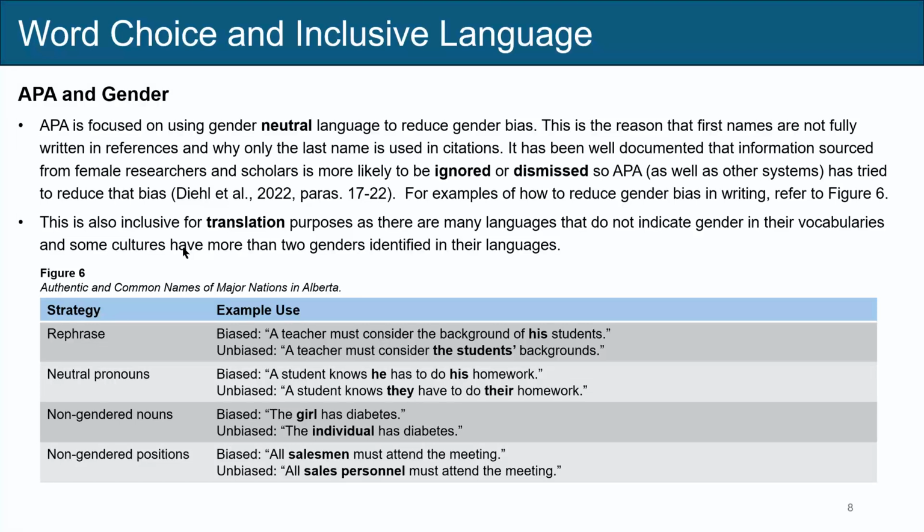I know that some people do, but so often it just takes a bit of rewording, using an individual instead of saying a boy or a girl, using they, their, them, to not make it so people are automatically thinking about people being male or female in these situations. And I've got some examples down there.